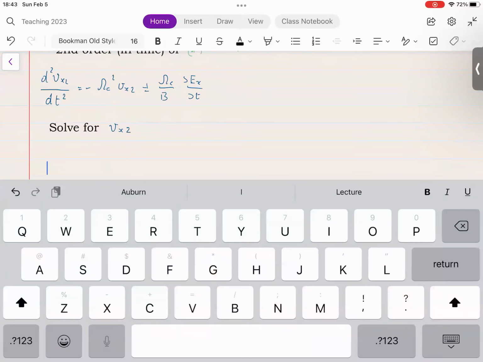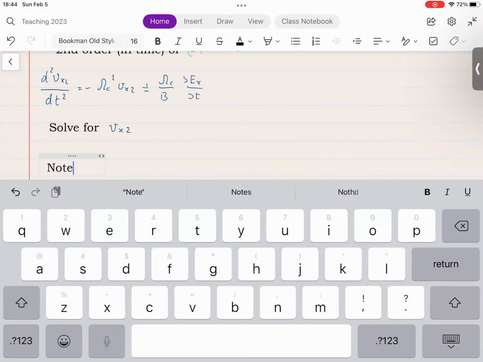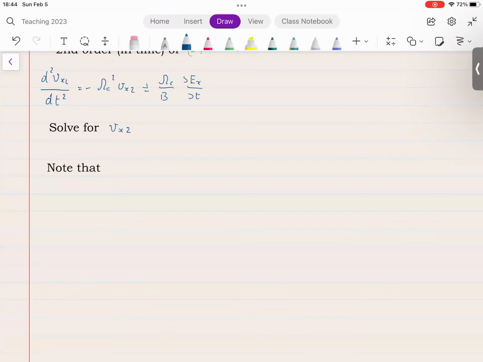But what I want you to keep in mind is that Vx is equal to Vx0 plus Vx1 plus Vx2, where each additional number, that is 1 with respect to 0, 2 with respect to 1, means that this piece of the velocity is 1 order smaller than the previous one.